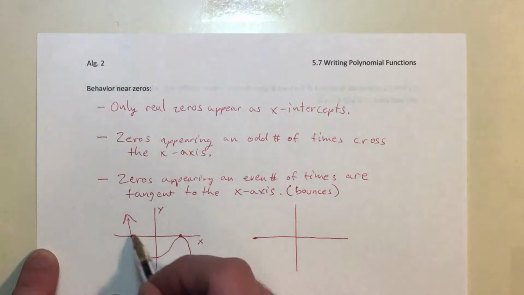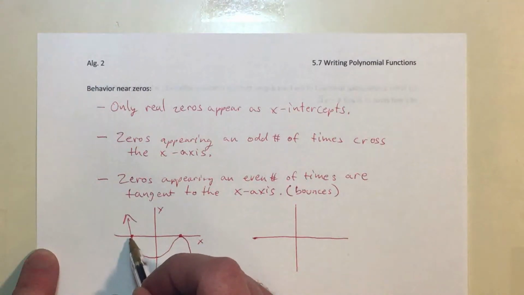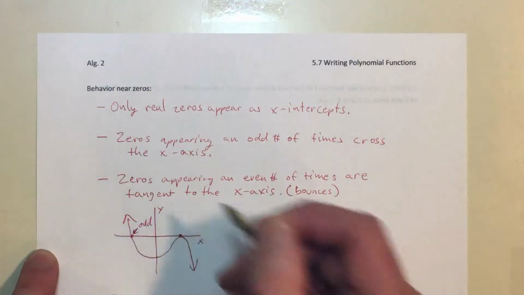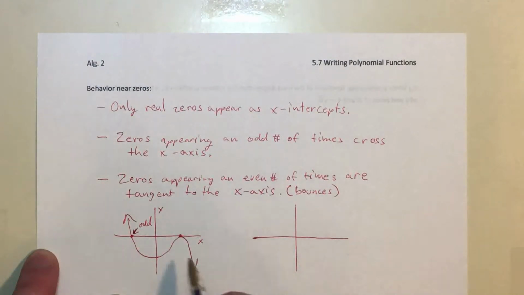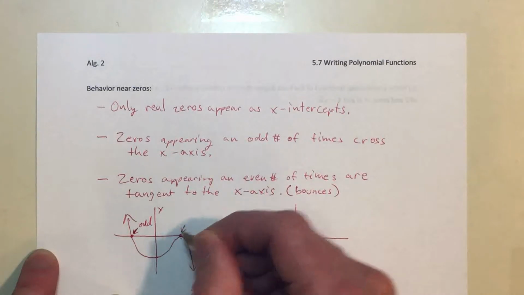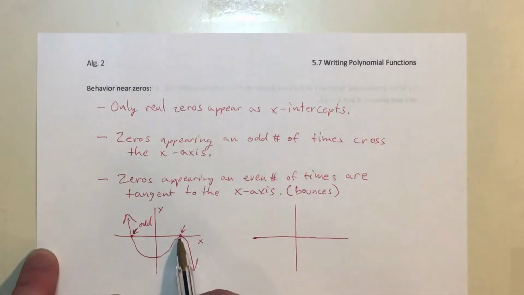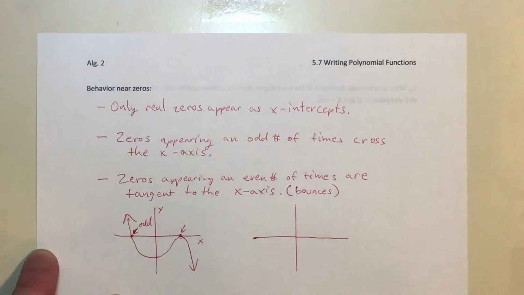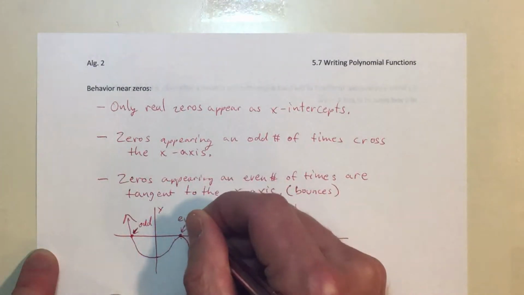Well, we know that because this crossed, this 0, might have been at like -4, this 0 would have had to have shown up an odd number of times. Right here, it's tangent. It just touches it and turns the other way. It's tangent to the x-axis. That would have had to have shown up, let's say that 0 was 5, it would have had to have shown up an even number of times. Twice, 4 times, 6 times, an even number of times.